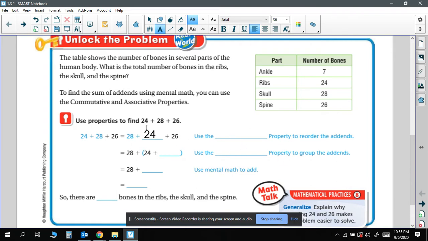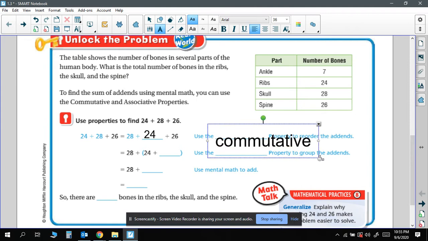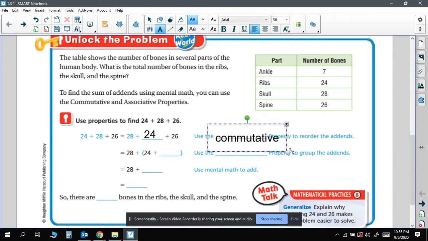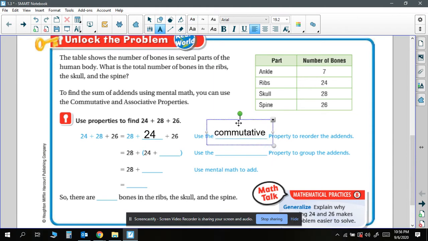Which property did we use to just switch those numbers around? Well, we use the commutative property. Because remember, no matter how you switch up those addends, you're still going to get the same answer. So what they did is they just switched it and moved it here.